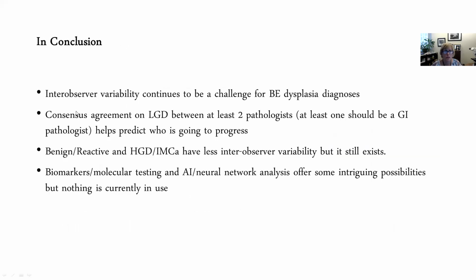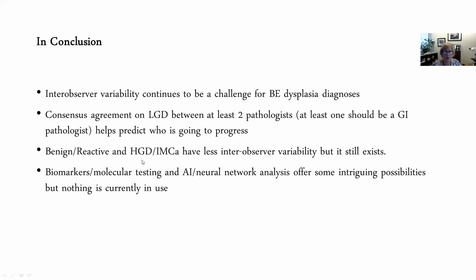So in conclusion, interobserver variability and frankly intra-observer variability continues to be a challenge for Barrett's dysplasia diagnosis. We don't have perfect fixes for any of these problems. We do feel that consensus agreement on low-grade dysplasia between at least two pathologists, where at least one should be whatever you want to call a GI expert, Barrett's expert pathologist, helps predict who is going to progress to high-grade dysplasia and intramucosal adenocarcinoma.